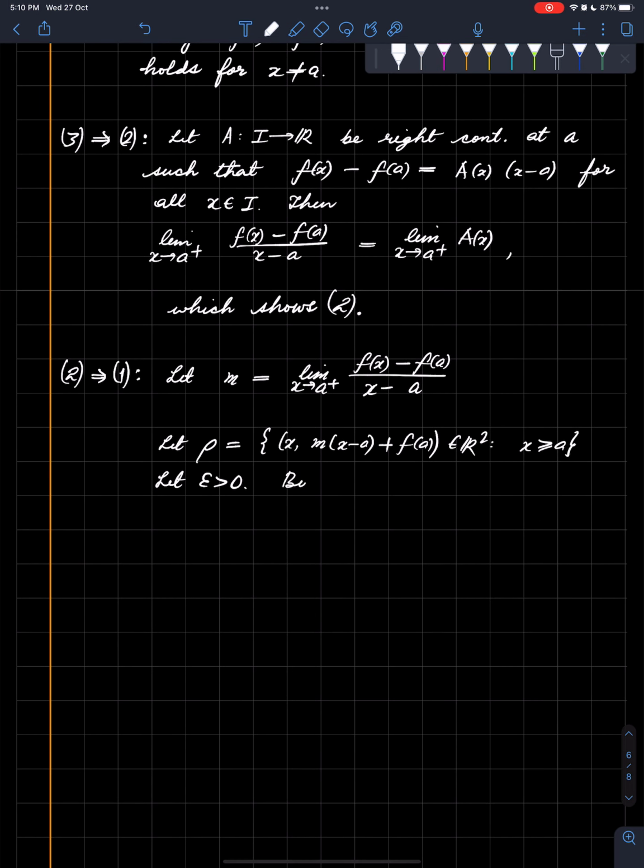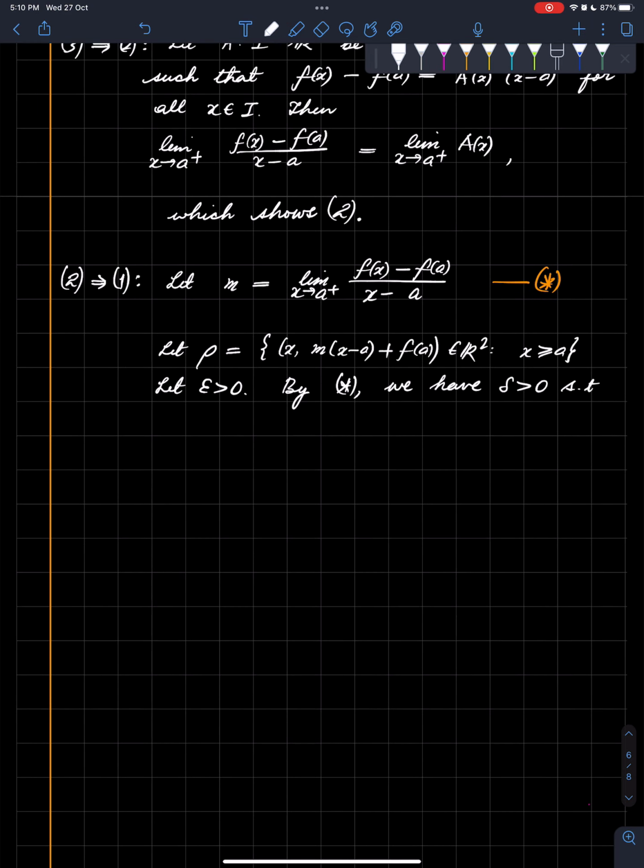But by star, we have delta greater than 0 such that whenever x is in (a, a plus delta), we have |(f(x) minus f(a))/(x minus a) minus m| is at most epsilon.